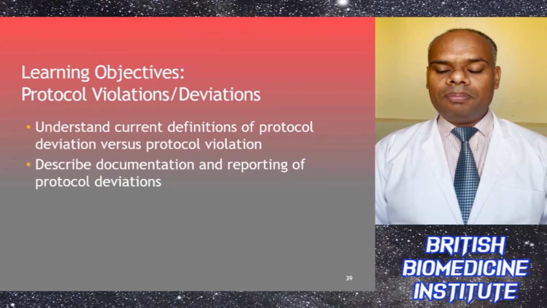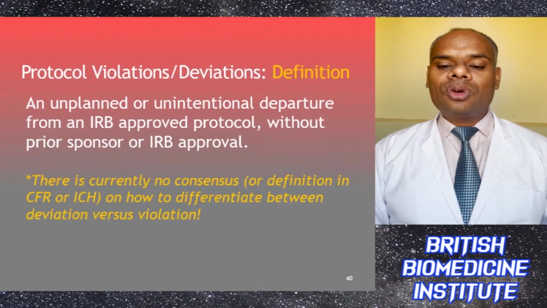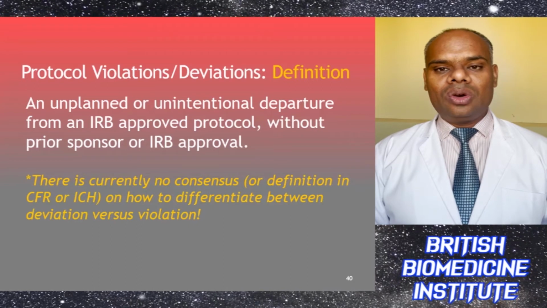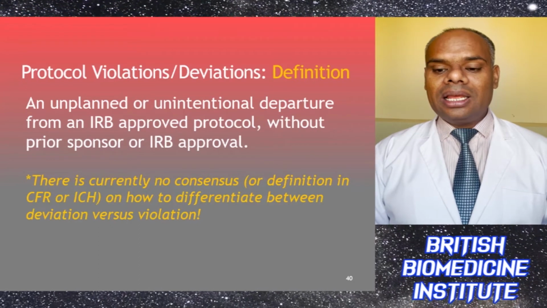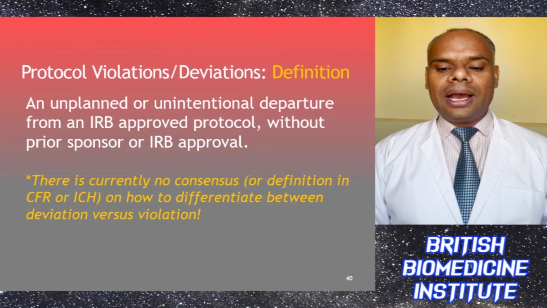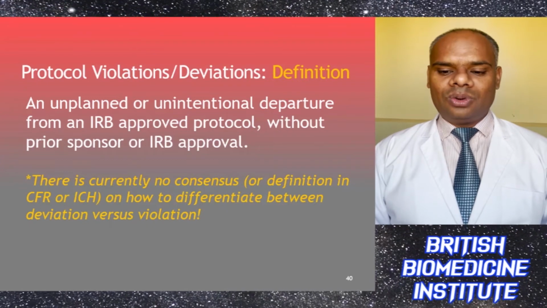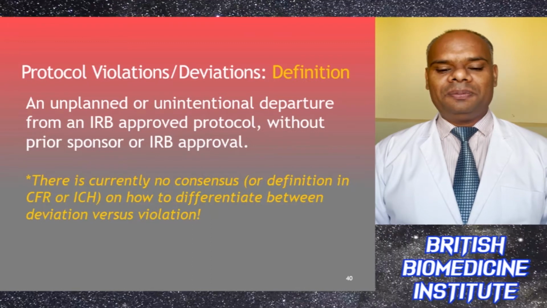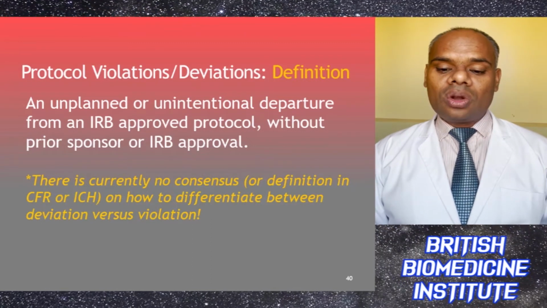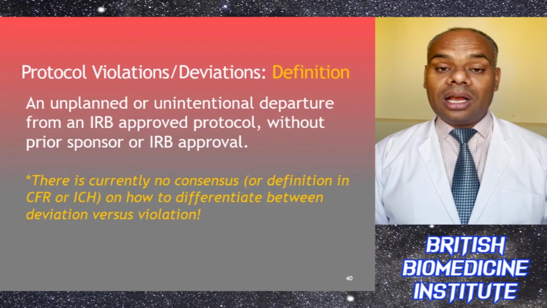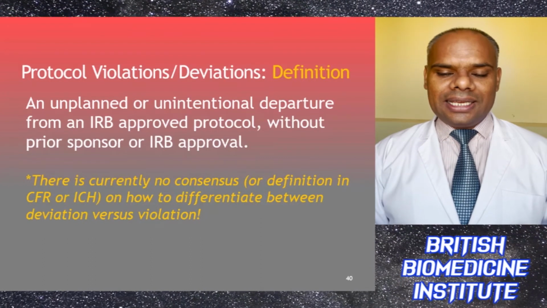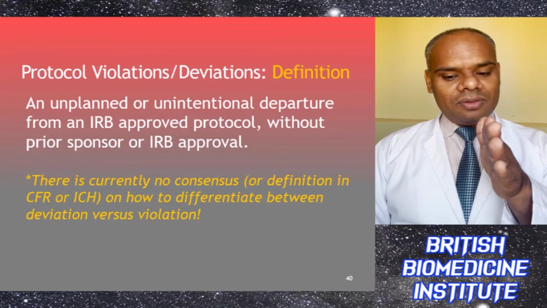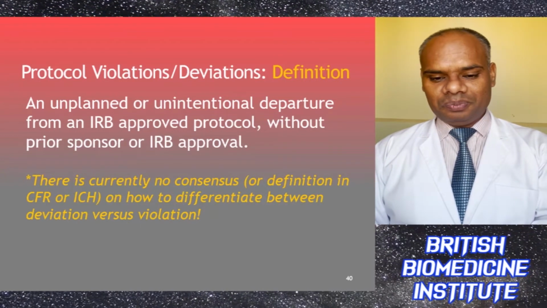Basically, the definition of a protocol violation or deviation is an unplanned or unintentional departure from an IRB approved protocol without prior sponsor or IRB approval. There is currently no consensus or definition in CFR or ICH on how to differentiate between deviation versus violation.